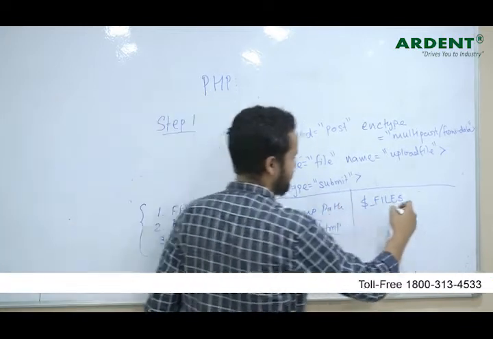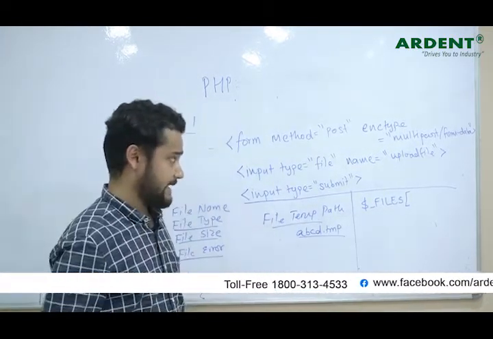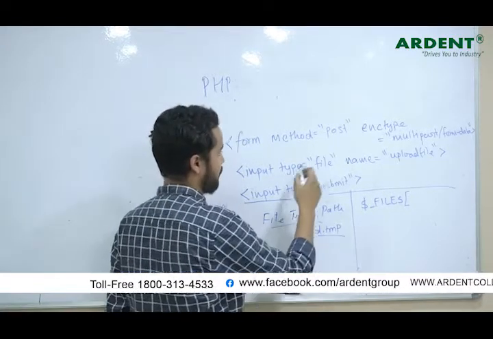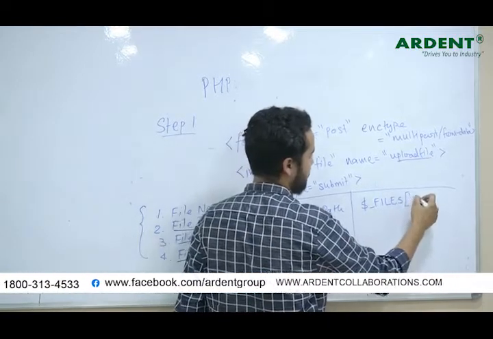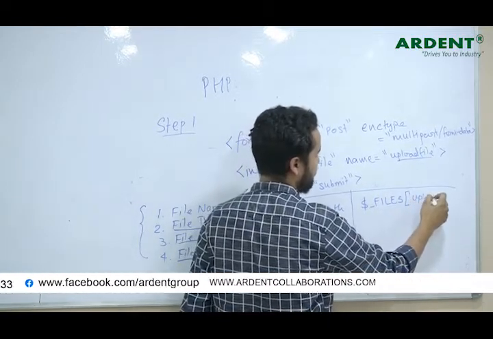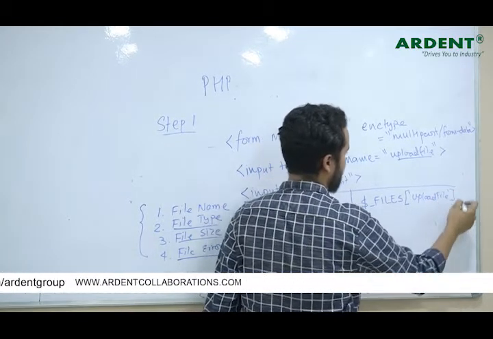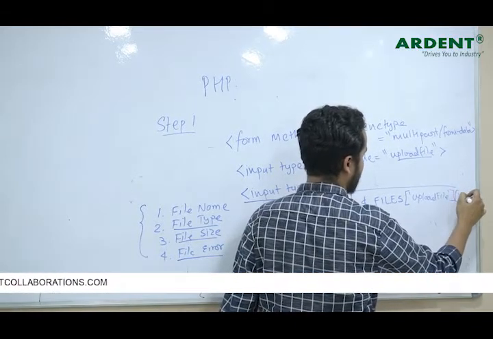So how to write this? As I just said, $_FILES is an associative array. We have to provide the name of the file in the first bracket, so upload file, and then in the second bracket we will say name.